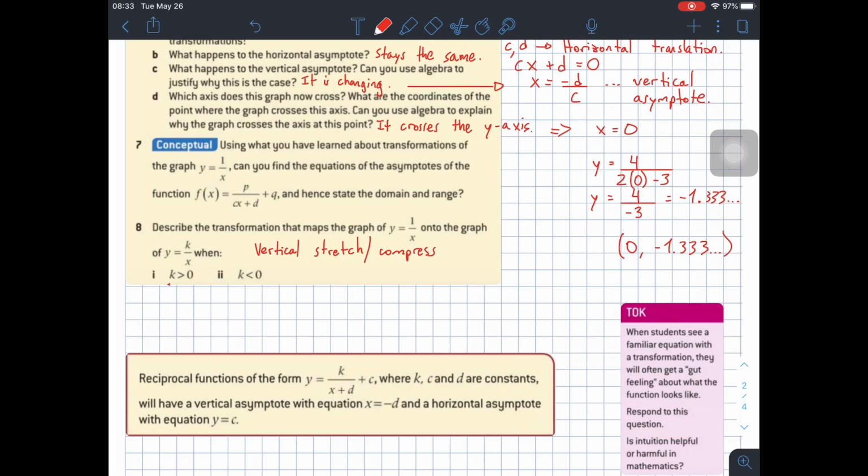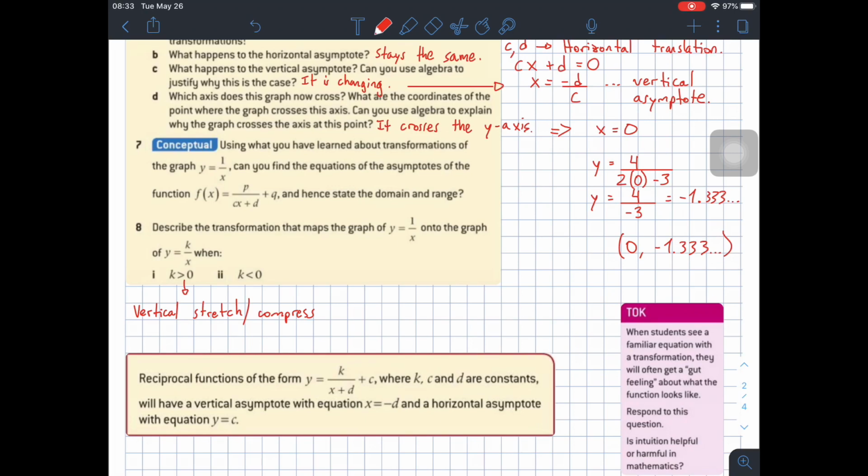So let me write this here. When the value of k is positive, we're talking about a vertical stretch or compress.